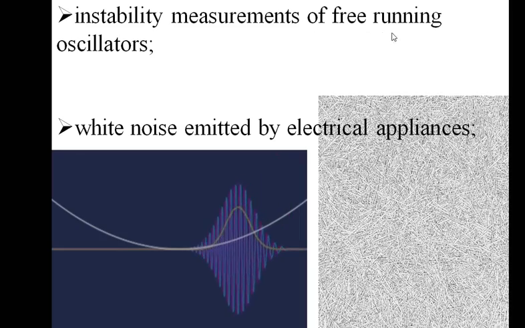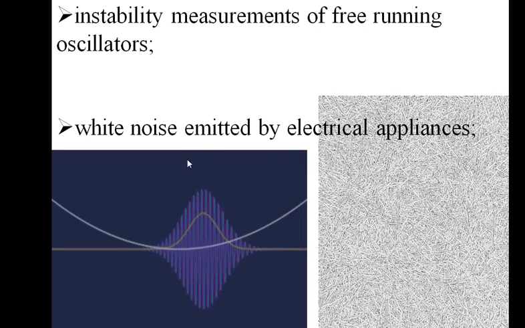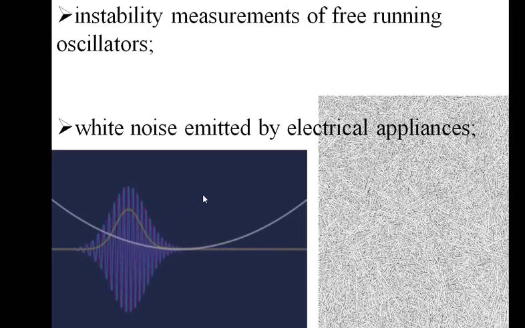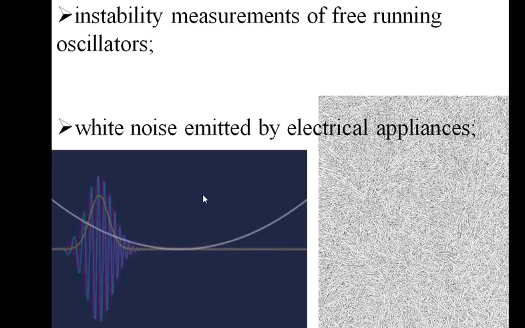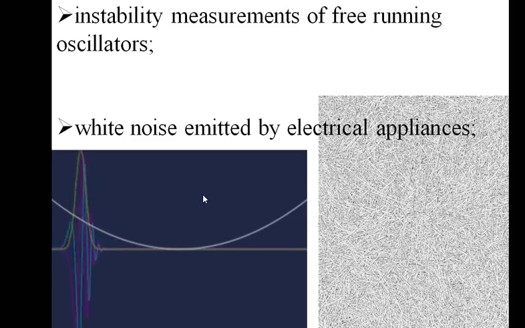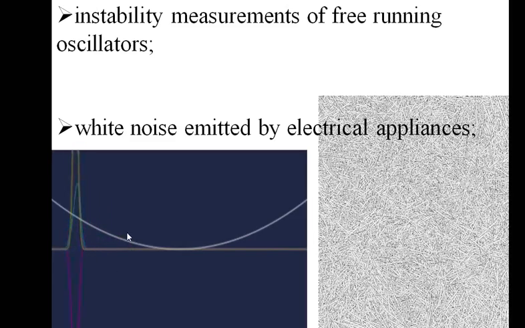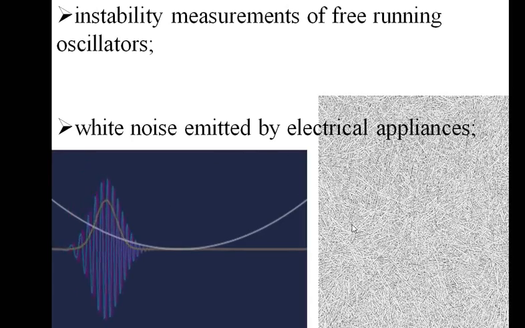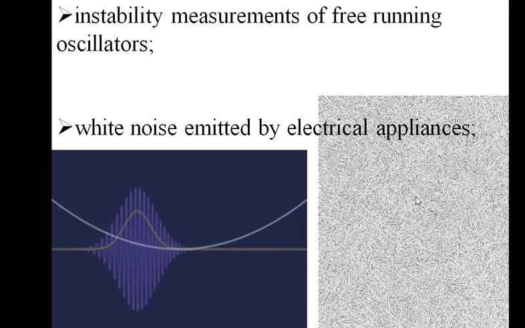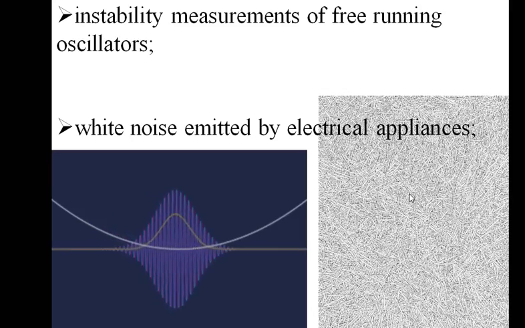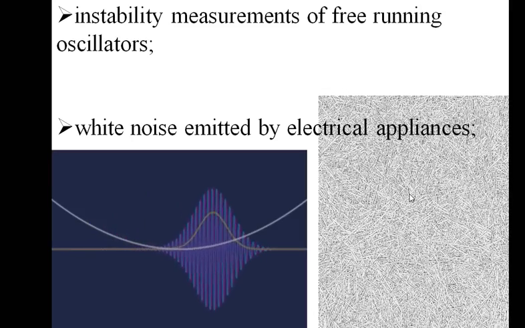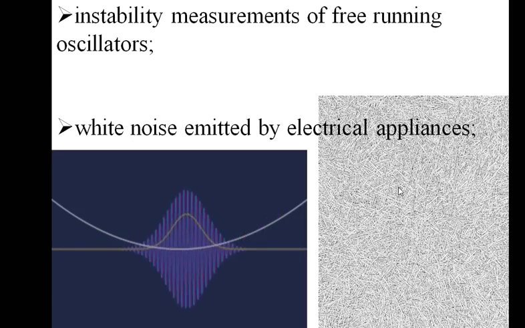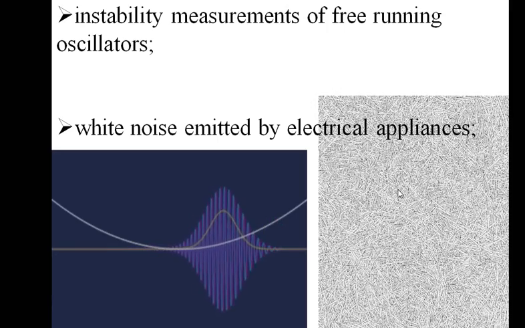Measurements of free-running oscillators require some special hardware device. With the help of that hardware device we can measure the oscillators and white noise emitted by electrical appliances. To produce these, special hardware is necessary. These all are based on random numbers.